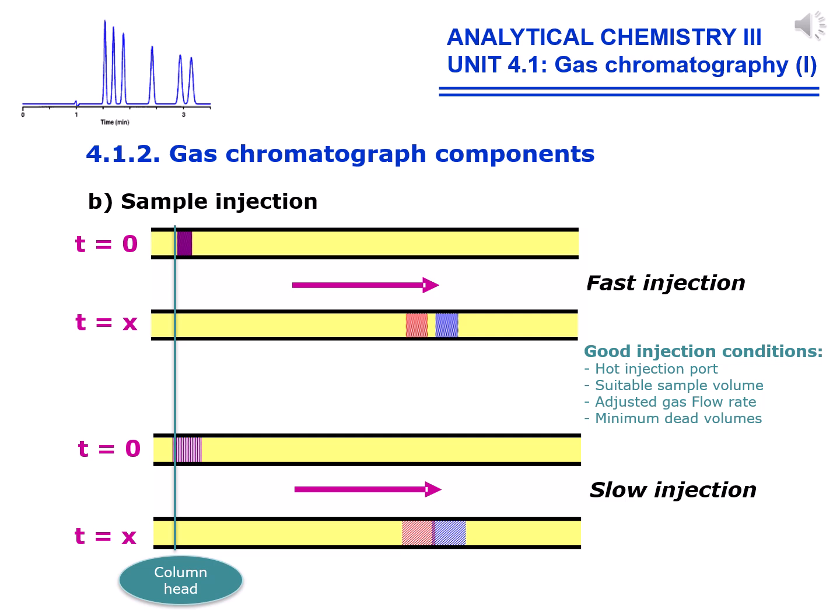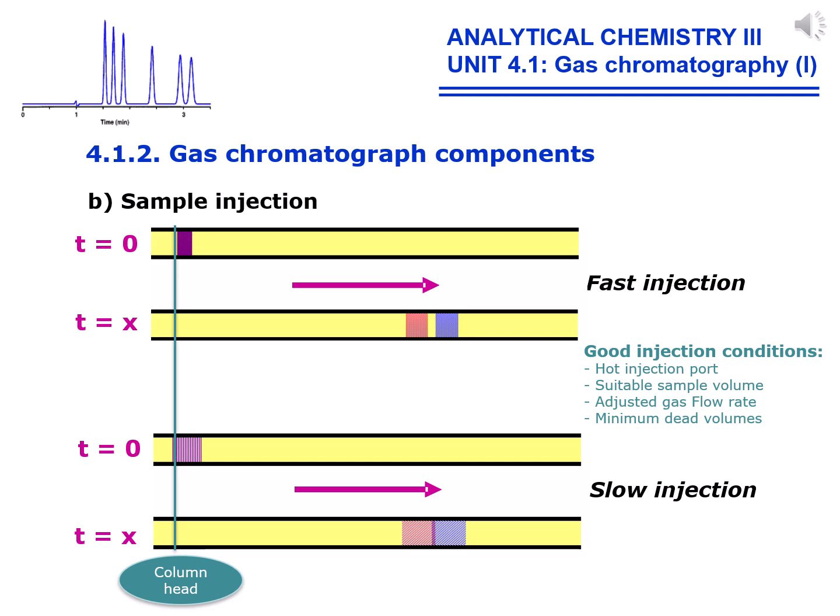Then, the hotter the injector port, the better the injection. Also, the amount of sample injected must be adjusted to the column capacity to avoid stationary phase overloading, as this affects the column resolution capability. In addition, the carrier gas flows into the injection system and pulls the vaporized sample into the column.